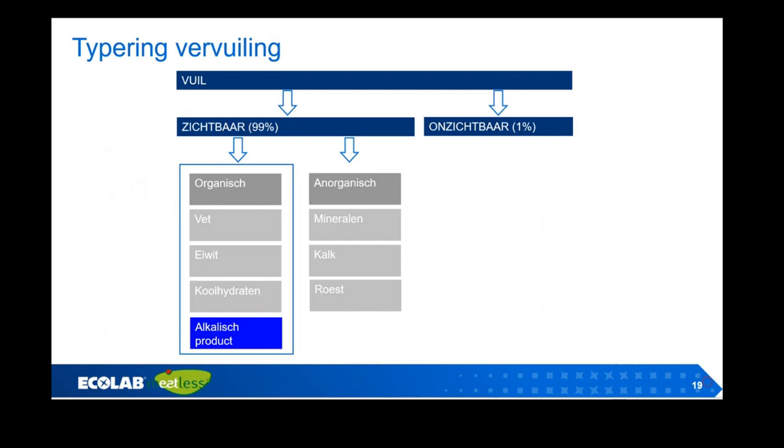If you have fat, protein or carbohydrate soiling, then you need an alkaline product. If you have inorganic soil like minerals, scaling or rust, then you need an acid product. Is that a little bit clear?